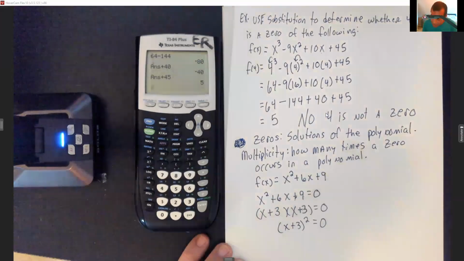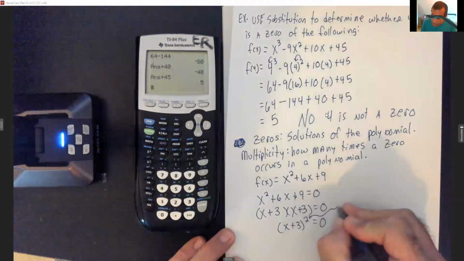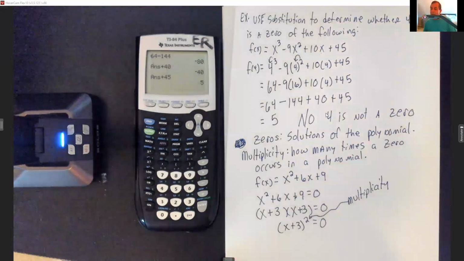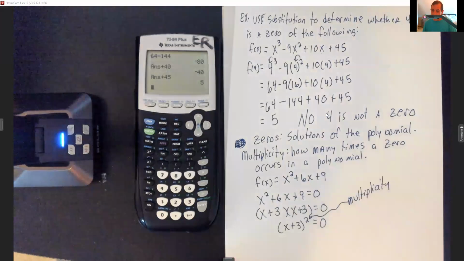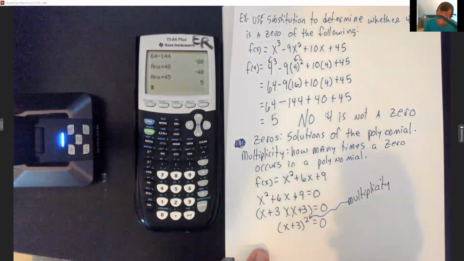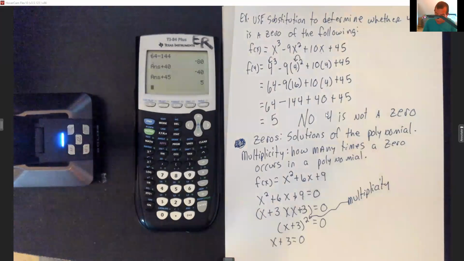Which means now this 2 is what I would call my multiplicity, because that factor happens twice, okay? So the multiplicity tells you how many times the factor happens. That way when you solve the factor for the 0, all you got to do is what? Subtract 3 and be done.